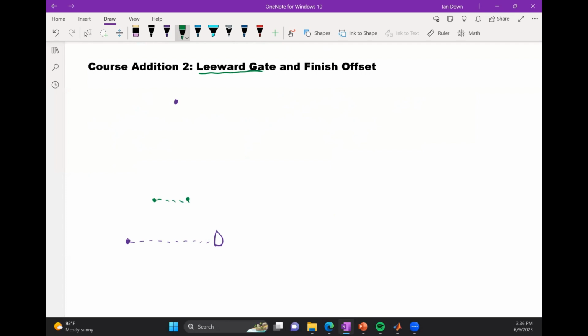So this is the leeward gate. And then I also have, put this in green as well. Well, it isn't blue. We also have the finish offset. So instead of finishing through the start line, we have a finish offset that is a little bit windward and to the right of the committee boat. So we'll have a mark here, and then this will be the finish line. So this is the finish offset.